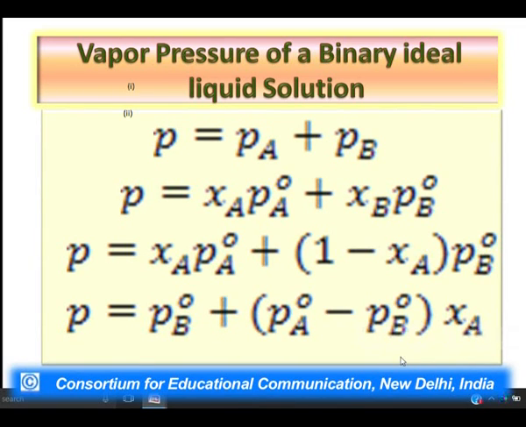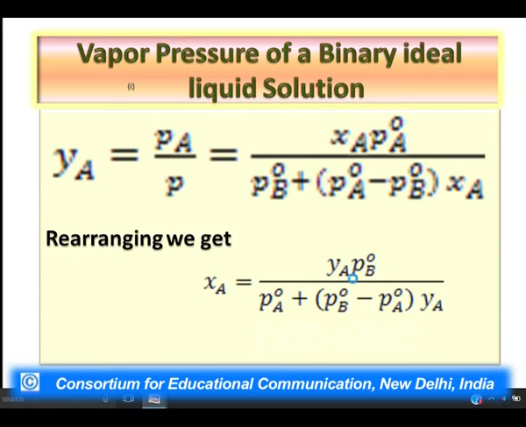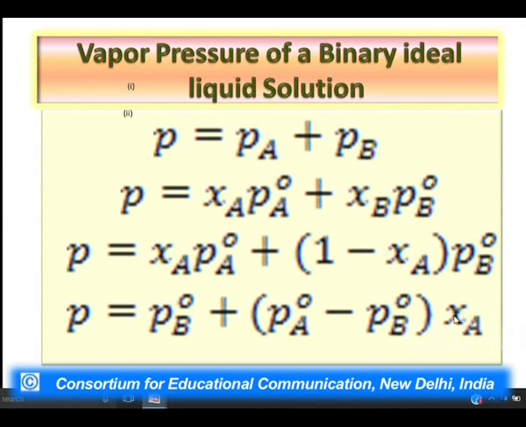What does this mean? This is the total vapor pressure P, which is equal to PB naught, the vapor pressure of pure component B, plus the difference between the vapor pressures of pure components A and B, that is PA naught minus PB naught, multiplied with the amount fraction of component A.